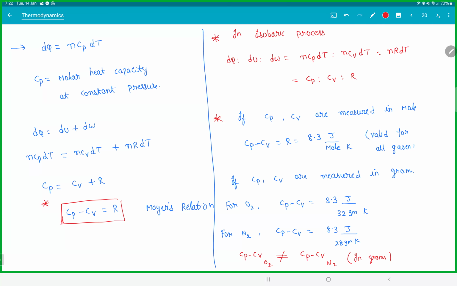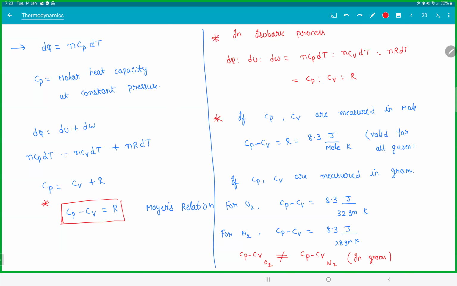In JEE, they asked a question like this: what is the relation between Cp minus Cv for nitrogen and oxygen? Luckily, they forgot to tell it is in grams, so everyone marked this answer, and they gave marks for this also. Are you getting this?